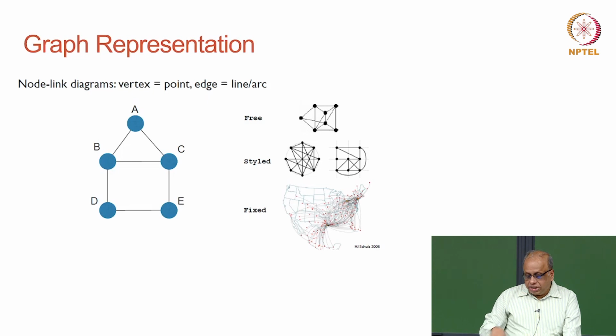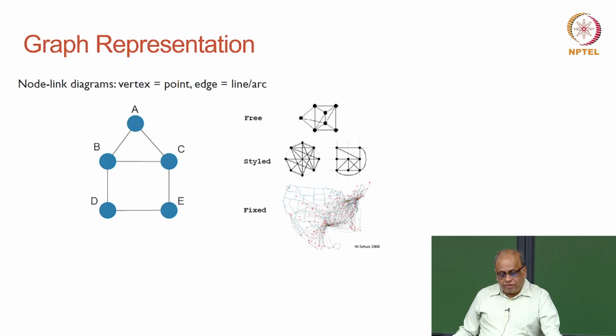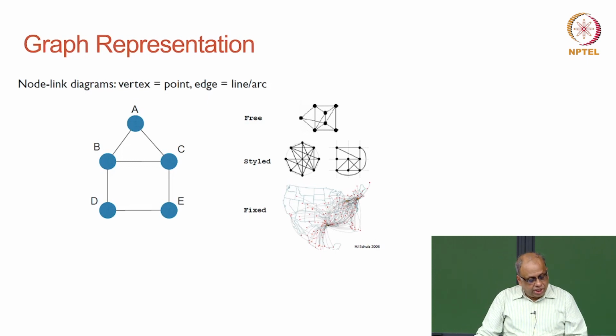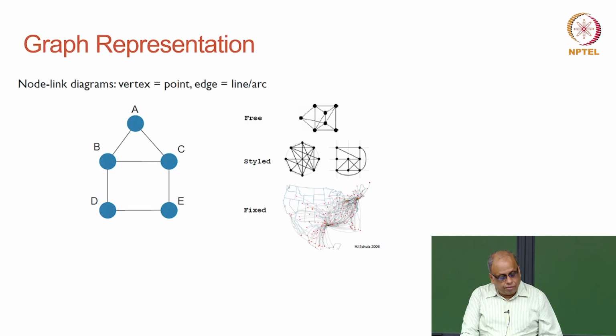And of course, there can be a fixed embedding. For example, if your graph is representing all the cities of India, then the position of the nodes is predetermined. You put them on an India map, with the nodes where the cities are. So there it's fixed, and you don't have to do much.